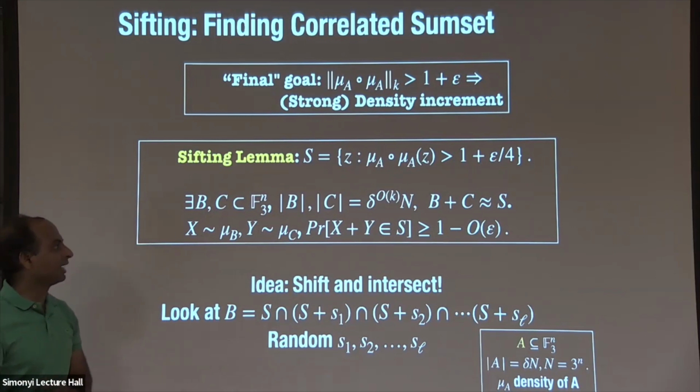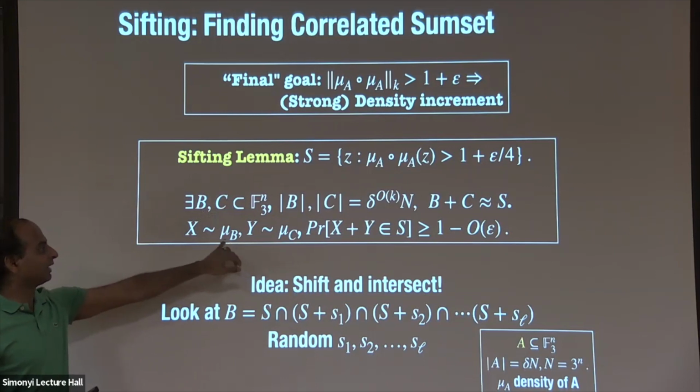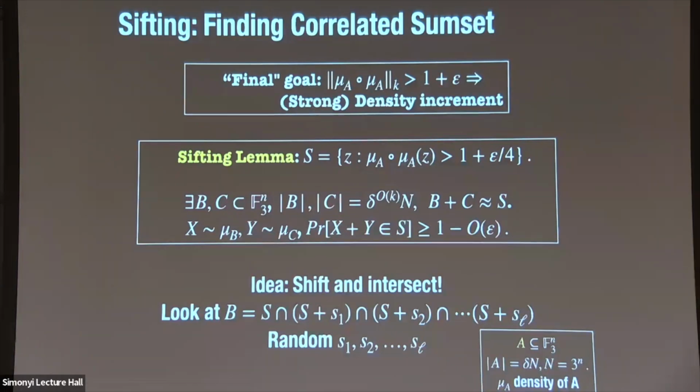So the right formulation is there are two large sets, B and C, where if I take X sampled uniformly from B and Y sampled uniformly from C, the probability that their sum lands within this set S is very high, like 0.99 or something. And this translates to saying that you can find density increment of S onto a sumset.